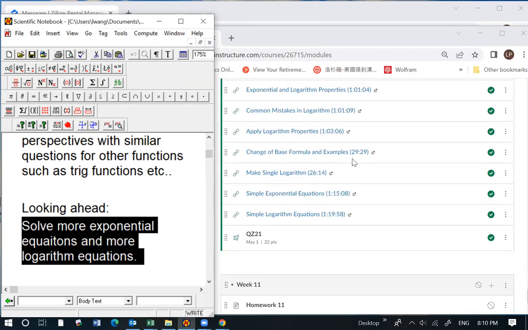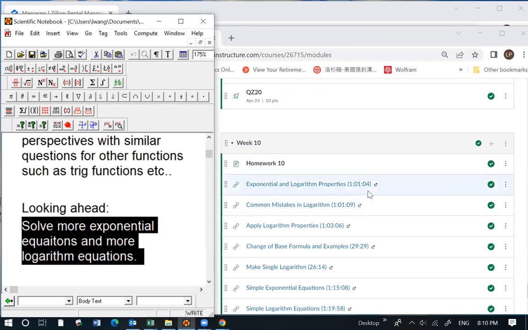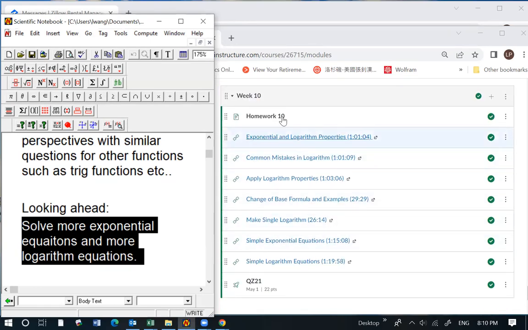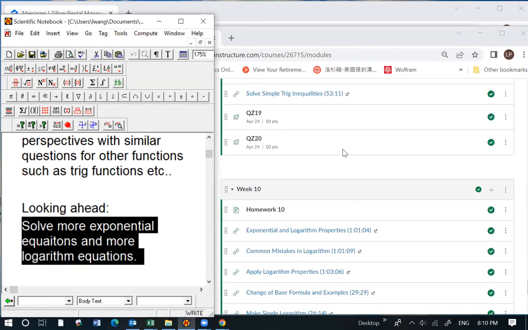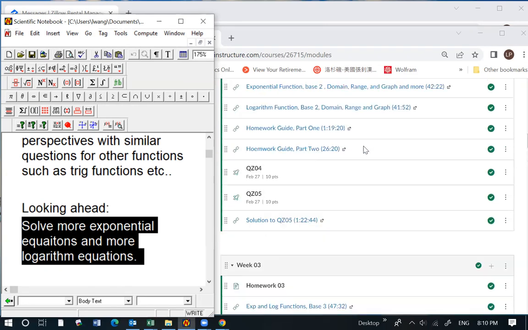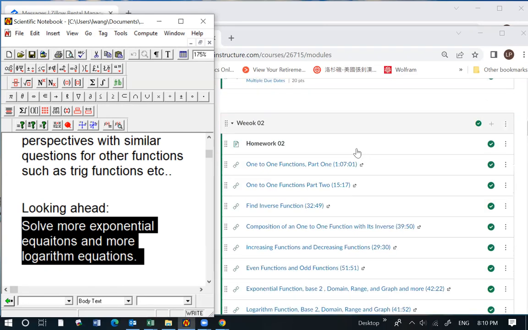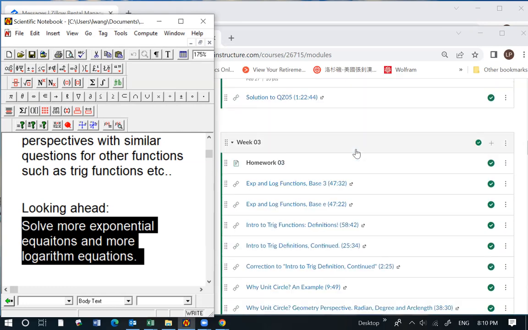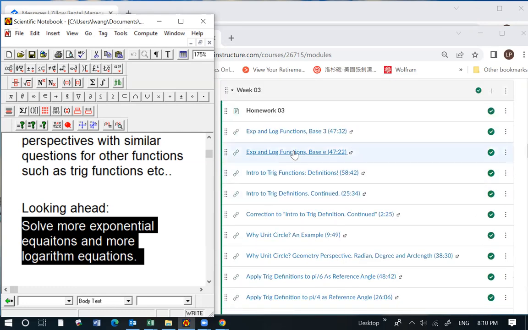So it's very important that you maintain that habit: you study the current week and you also review the previous weeks. In this week, week 10, as I mentioned earlier, you should also review contents in week 2 and week 3 on related topics such as exponential and logarithm functions.